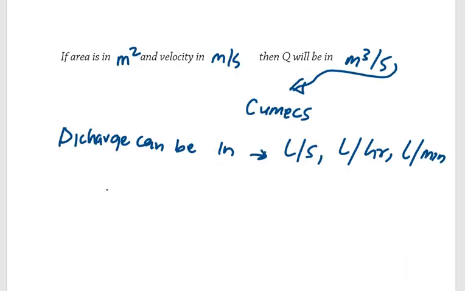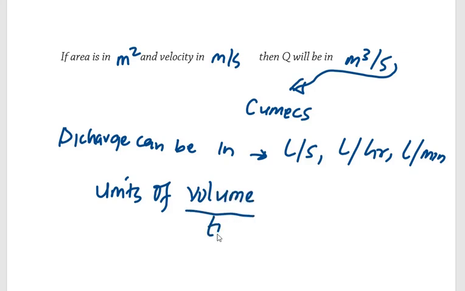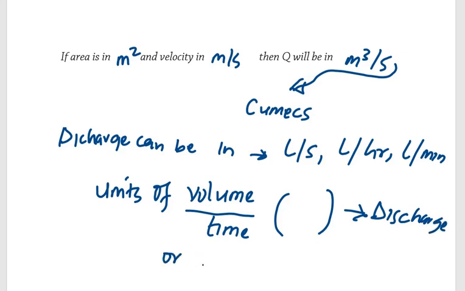It can be in any units of volume per unit time. So whichever units you have for volume over time, this will be discharge, and it will always give you the rate of flow of a fluid.